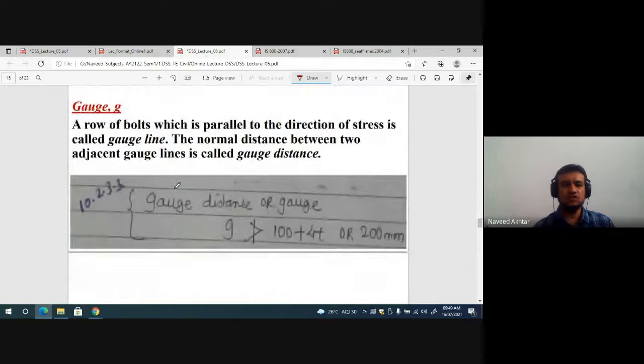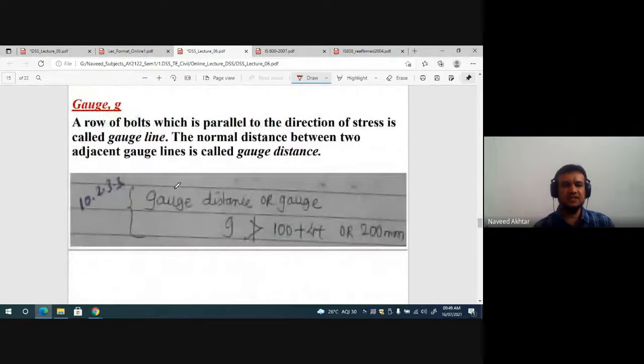Now what is the gauge distance? I told you, a row of bolts which is parallel to the direction of stress is called a gauge line. The normal distance between two adjacent gauge lines is called gauge distance.